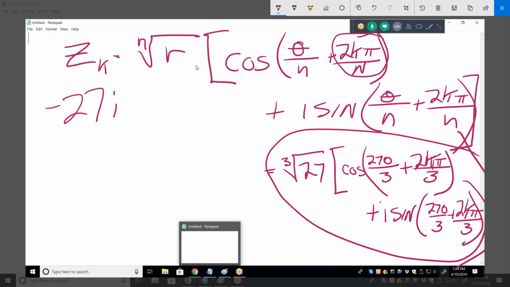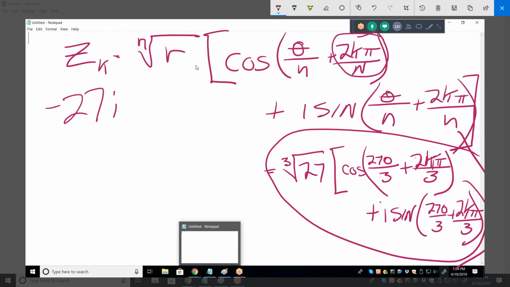So we're going to let k go from 1 to 2 to 3 and see if we get different answers. But whatever answer we get will be the third root of minus 27i. And what does that mean? It means that whatever answer we get, if we multiply it by itself 3 times, we will get minus 27i.